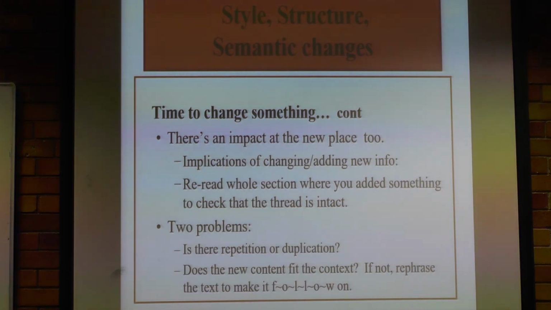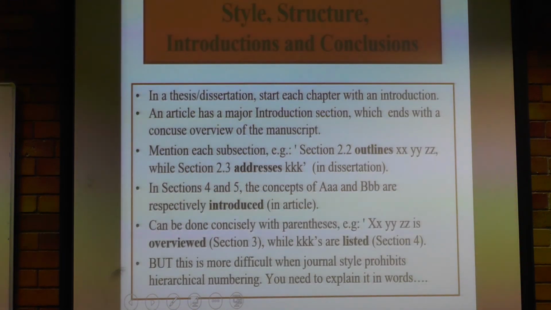We all duplicate, all of us. And then you just have to decide, where does it go best and how should I do it? So there you see it, the two problems. Did moving that thing lead to repetition and duplication, or even more important, did it fit? If it didn't fit, rephrase so that your text flows.